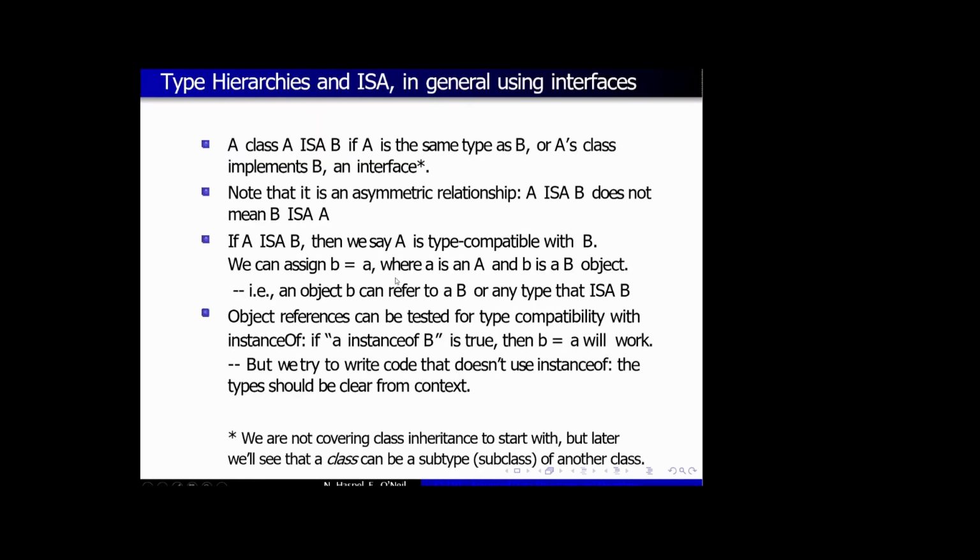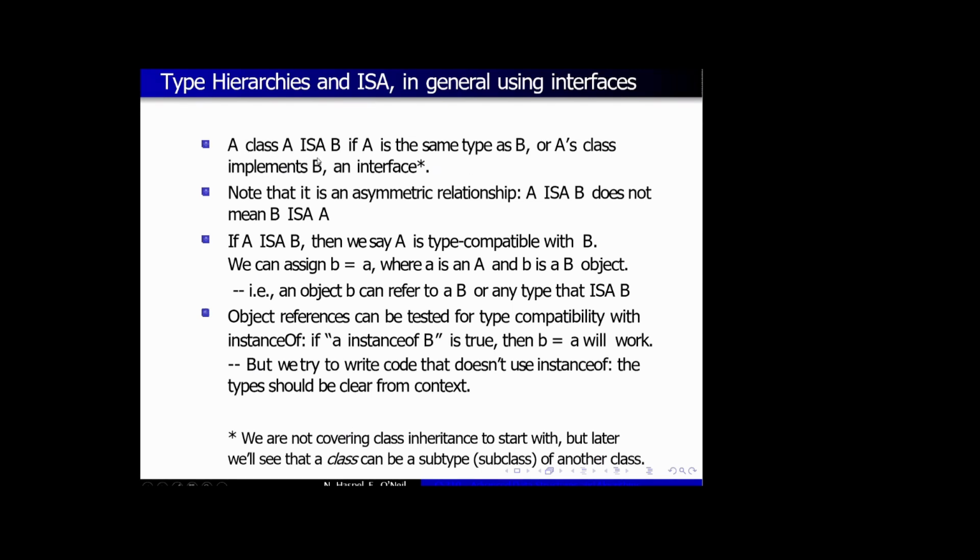Okay. So here's the general case. I'm going to write it out. There's a lot of different terminology here. There's ISA, and there's subtype, and type compatibility. So it's a little bit tricky to keep it all straight, but I'm trying to make it clear here.